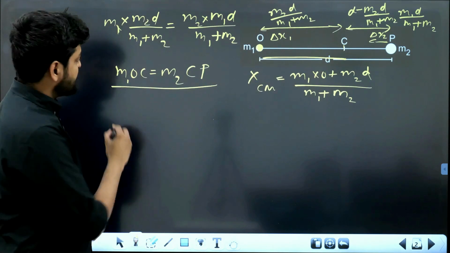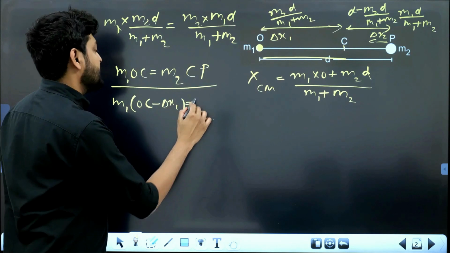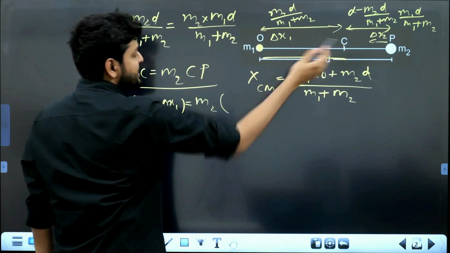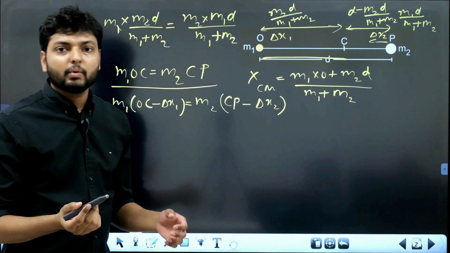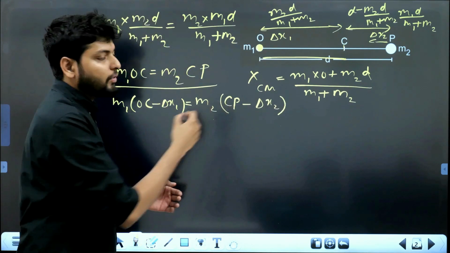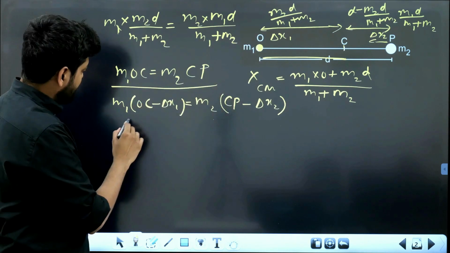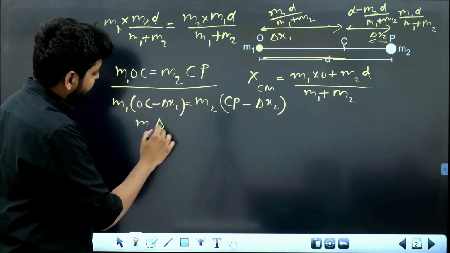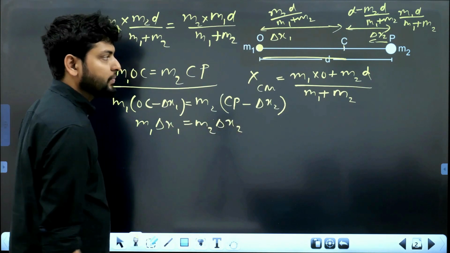The new distances will be m1 into OC minus delta x1, equal to m2 into CP minus delta x2. So the new distances will also follow this, right? So I can just cancel off OC. What I'll get is m1 delta x1 is equal to m2 delta x2.